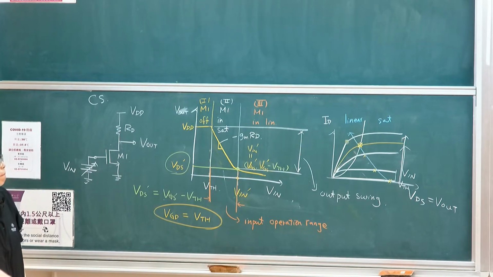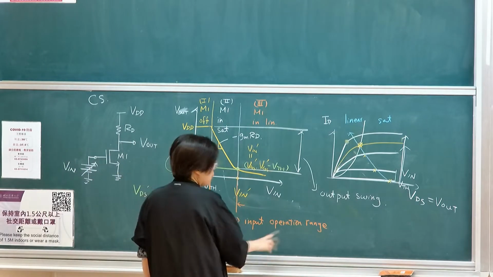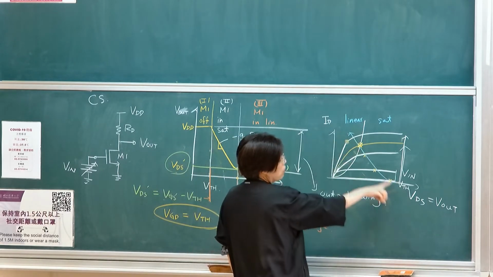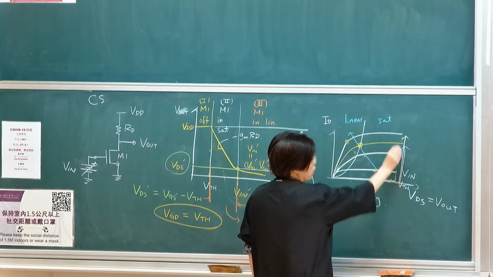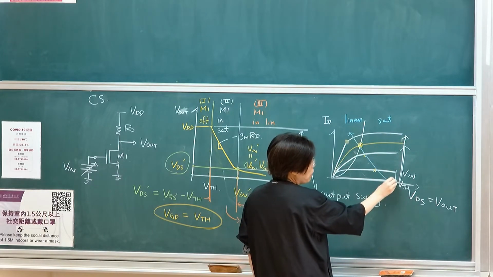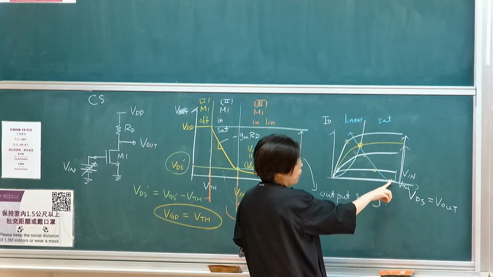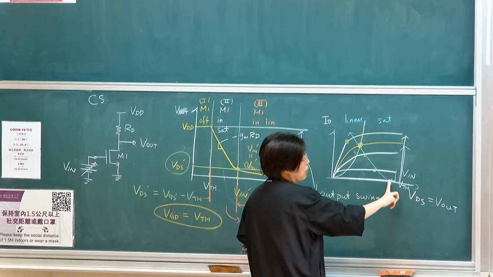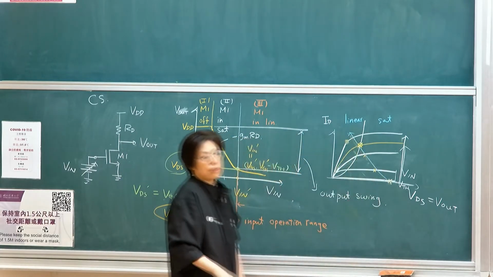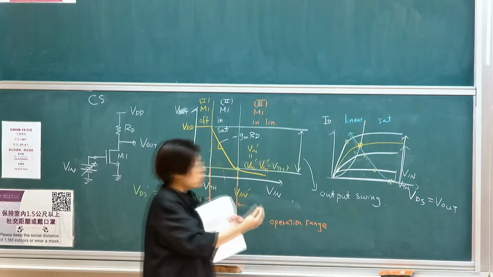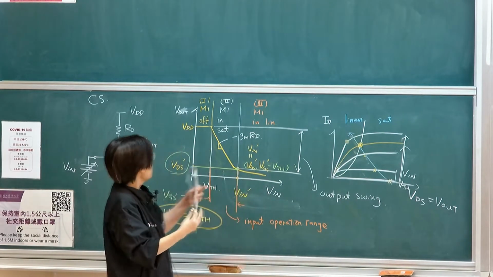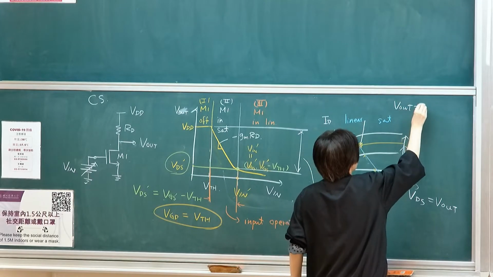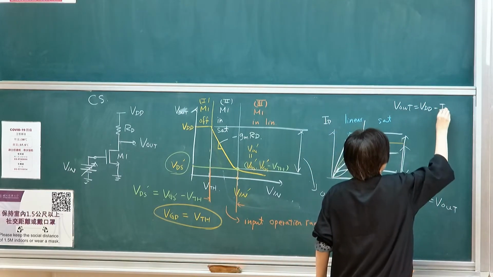Oh, yeah, because my input increases. So if I'm looking at, actually I'm drawing ID versus VDS, so when my input increases, the current keeps going up. At the start, if it is not turned on, the output is at VDD, and then it keeps moving to the left because my current keeps going up. When my current goes up, my voltage drops, and the formula is Vout equals VDD minus IDRD.